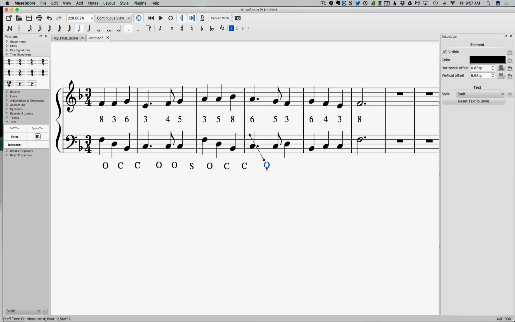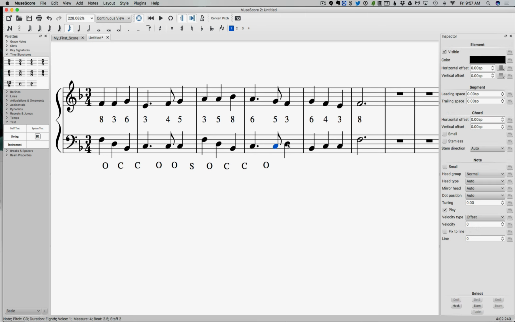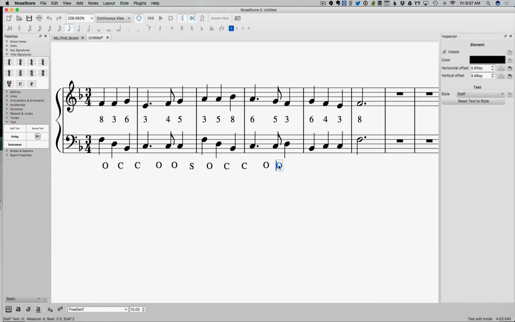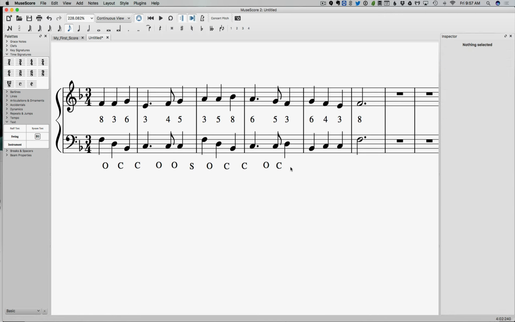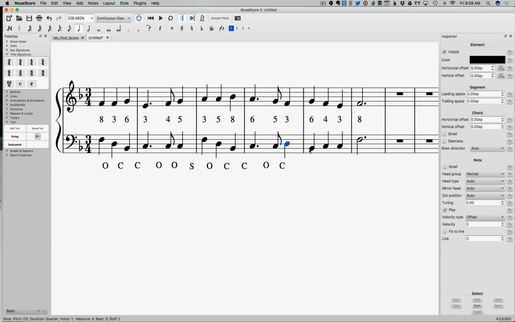Lots of oblique motion here. C up to D, and G down to F. That would be contrary again. D down to B flat, F up to G, another contrary motion.